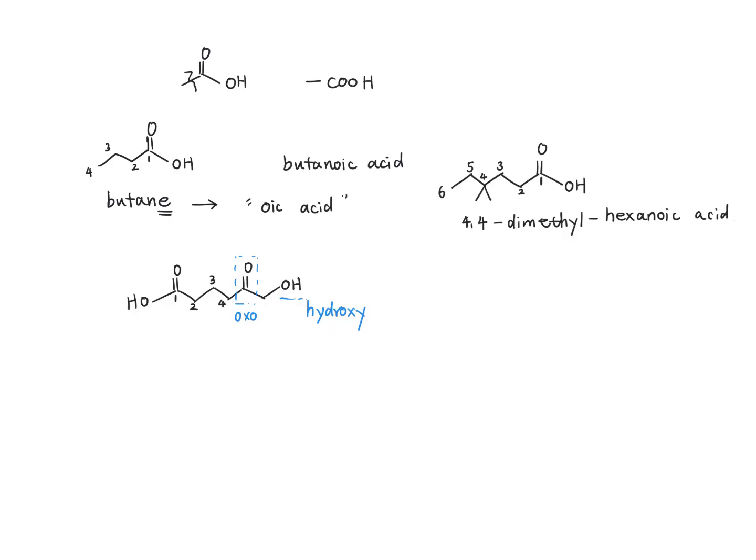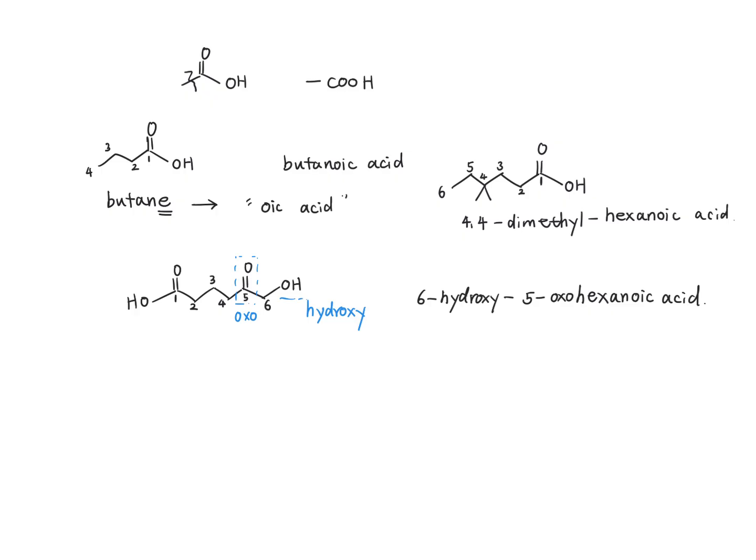So 1, 2, 3, 4, 5, 6. At 6 we have a hydroxy group, and on 5 we have oxo, which tells us it's a ketone, and we have 6 carbons in total, so it's hexanoic acid.